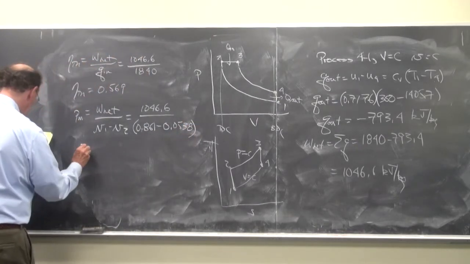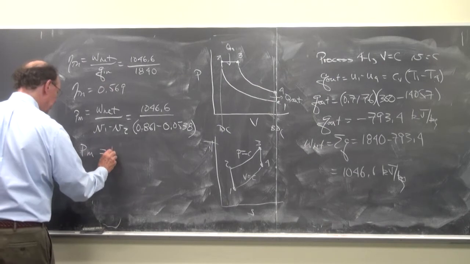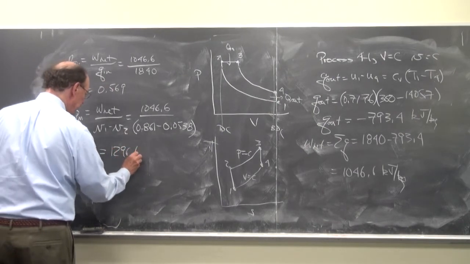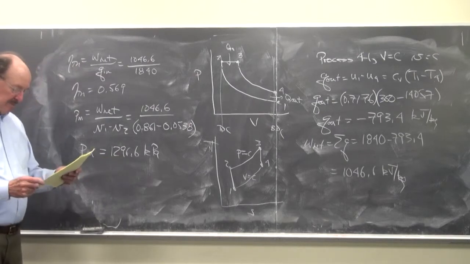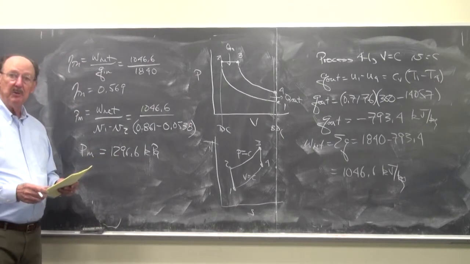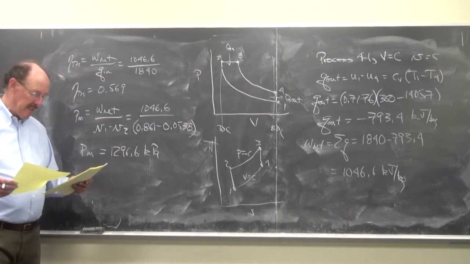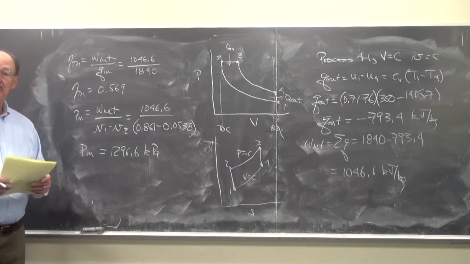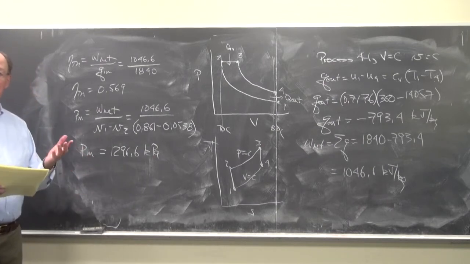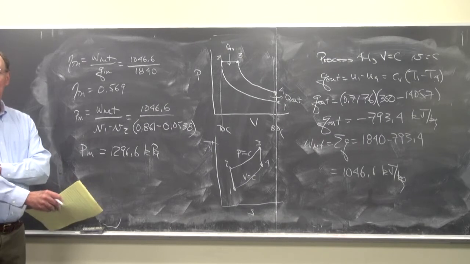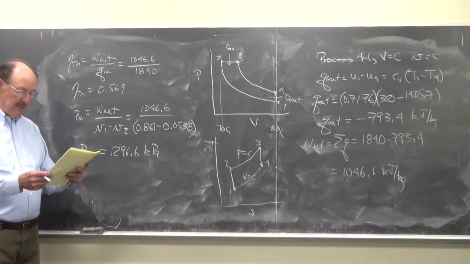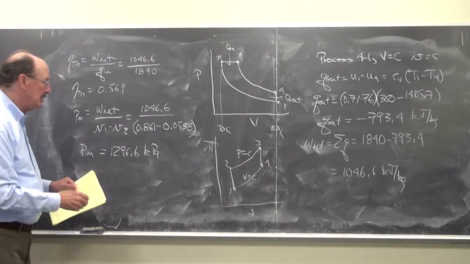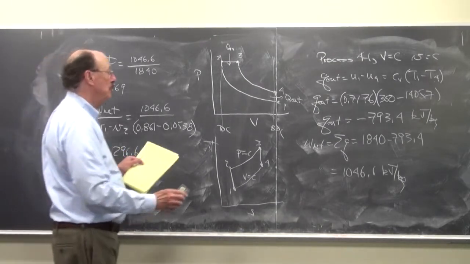And so we have that the mean effective pressure is 1296.6 kPa. So we have that. And now what I want to do is to look, just as we did with the Otto cycle, at some extensions that we could add on to this. These extensions can be used for both engines typically, but now it just becomes a way to expand on what we did.